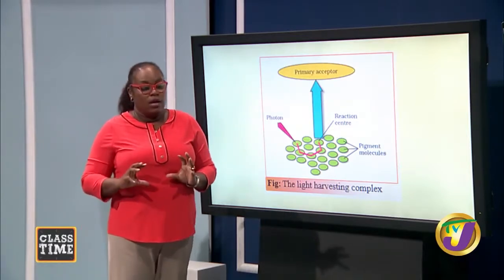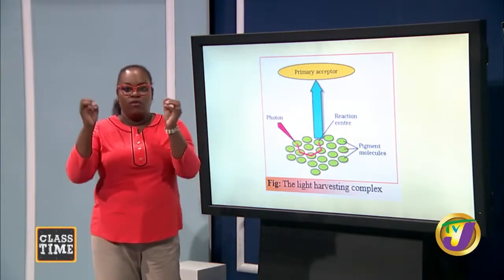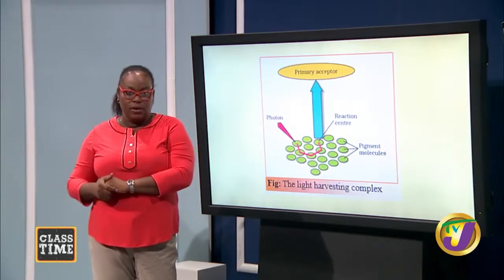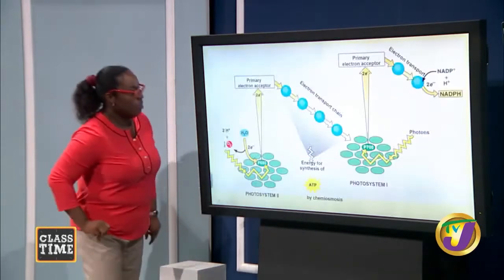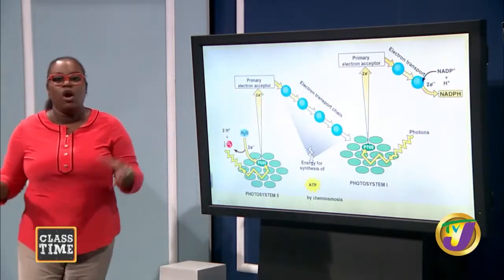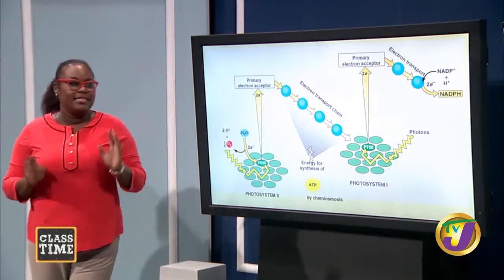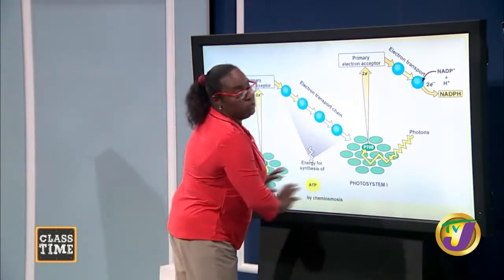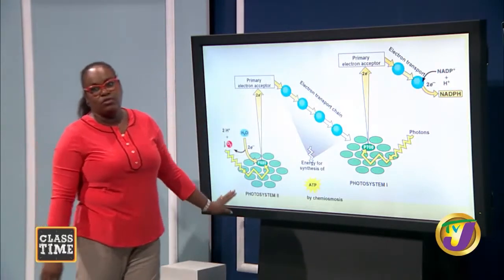Now let us look at this whole happening in the context of the light-dependent stage of photosynthesis. Here we have what is commonly called the Z scheme. The Z scheme comprises two photosystems, photosystem 1 and photosystem 2.